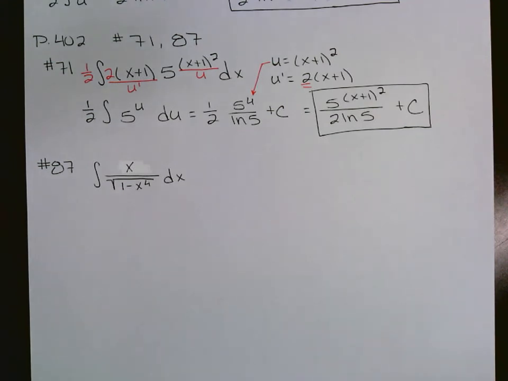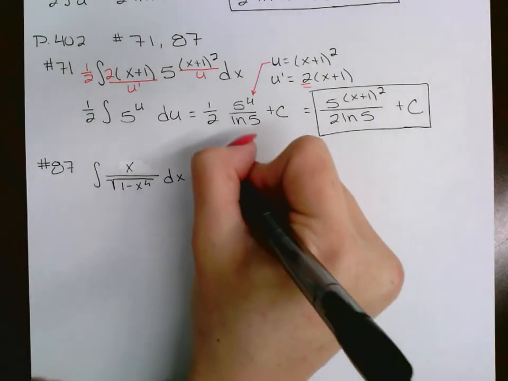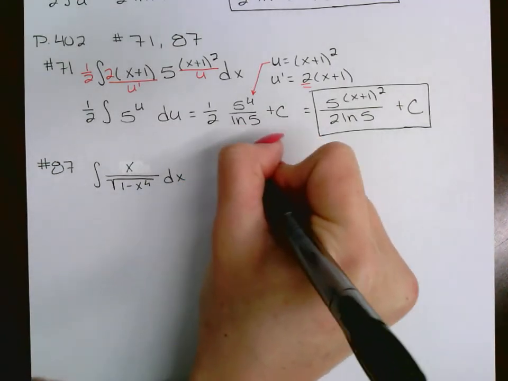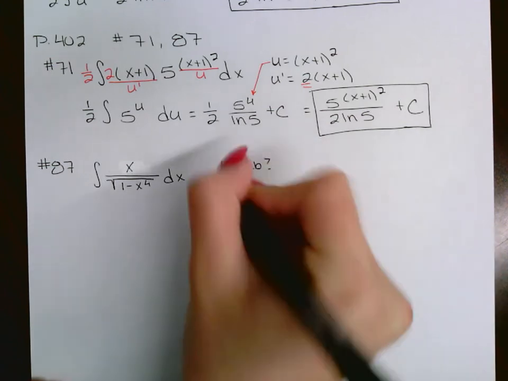All right, our last question from same page 402, number 87. Whenever you see a radical in the denominator, I hope your mind goes to one of 2 thoughts. Either u sub or an arc. Okay? So if it were u sub, let's write ourselves through the thought process.